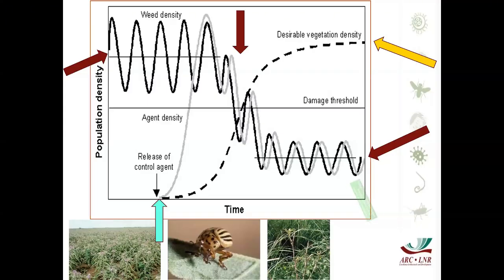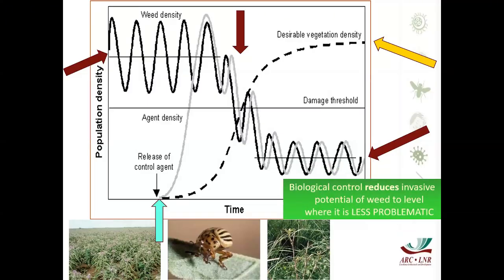So the aim of biological control is to reduce the invasive potential of the weed to a level where it is less problematic. And the aim of biological control is not to eradicate a plant.